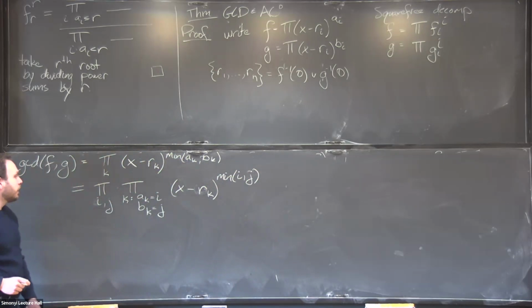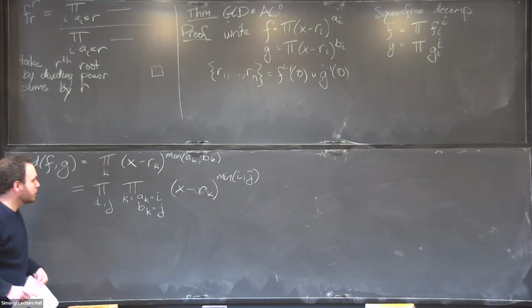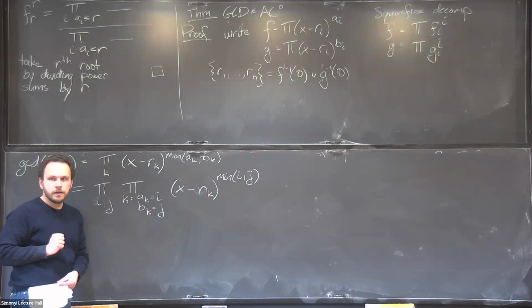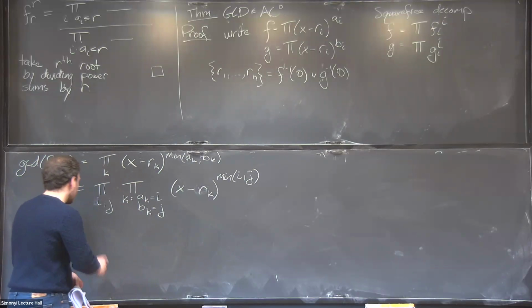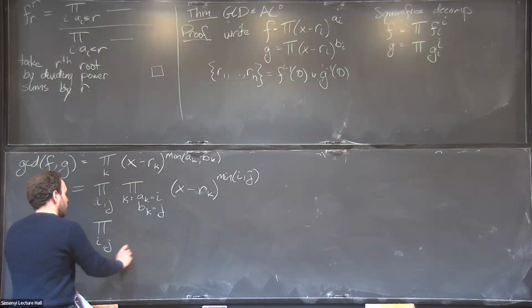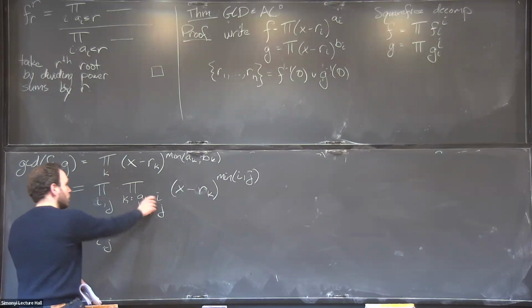Okay. And now, what is this? Well, these are the roots that appear with multiplicity i in f and with multiplicity j in g. Think about this, really. What is this?